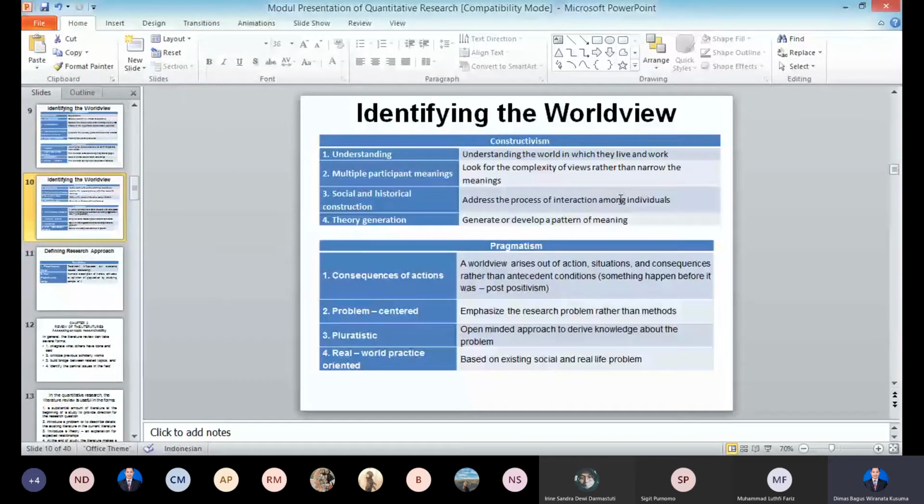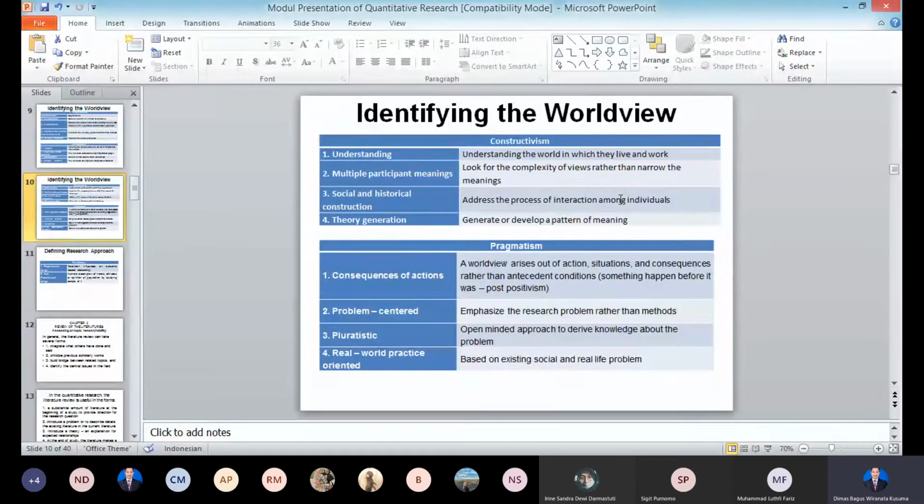And the fourth one is theory generation. So in the end, because you are trying to transform the existing situations by taking the experience from the people in the field, you can generate your own theories.